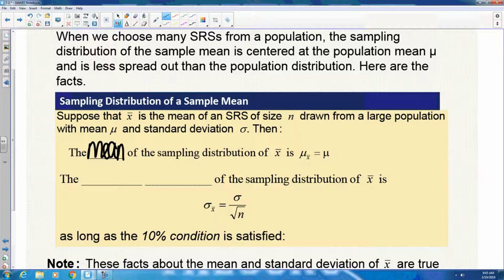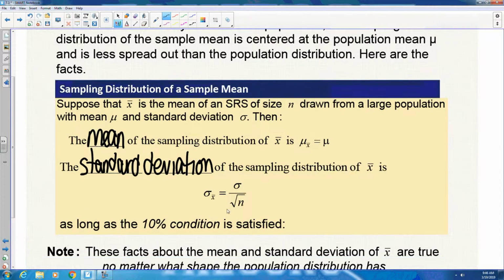The standard deviation of the sampling distribution of X bar, sigma of X bar, we take the sigma, which is the standard deviation for the population distribution, and divide it by the square root of our sample size. In order for us to do this, we have to have the 10% condition.